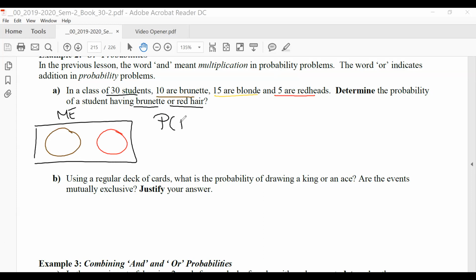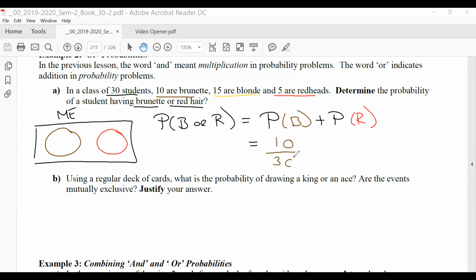The probability of brunette or red is equal to the probability of being a brunette plus the probability of being a redhead. So the probability of being a brunette is 10 out of 30.